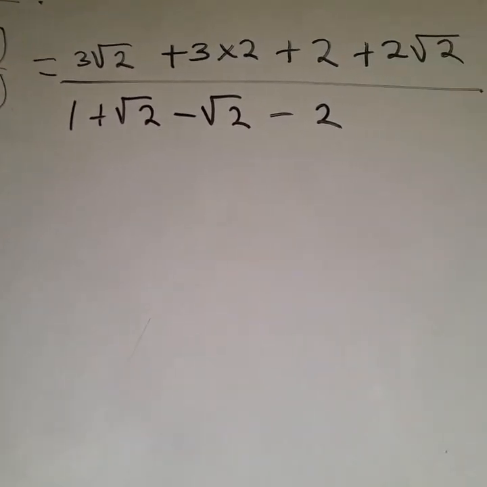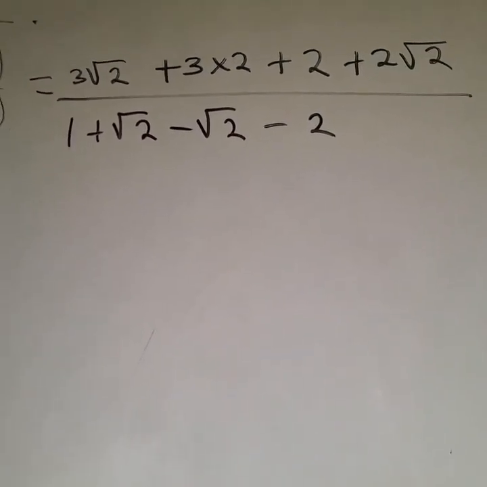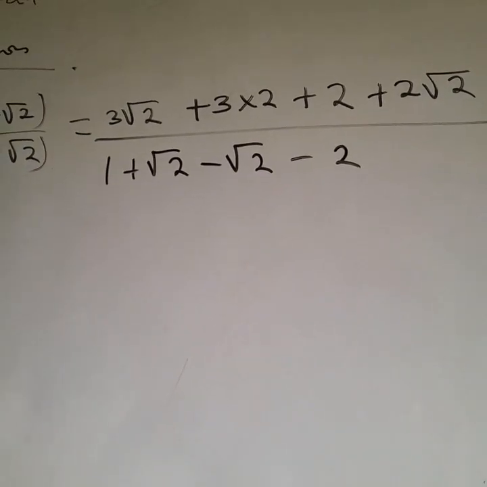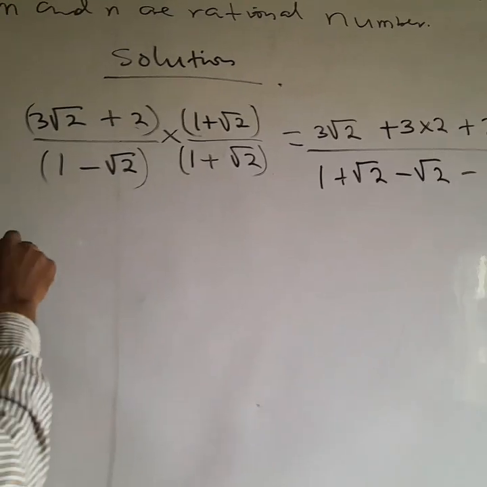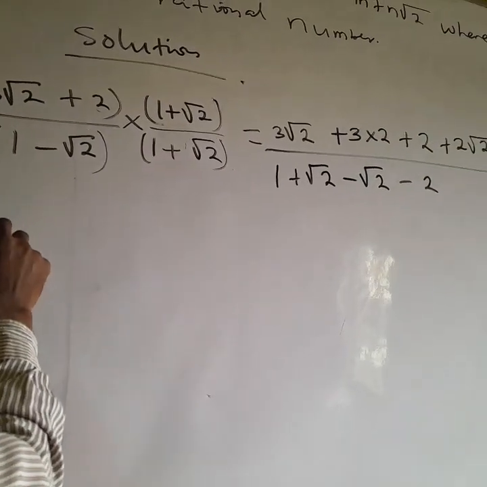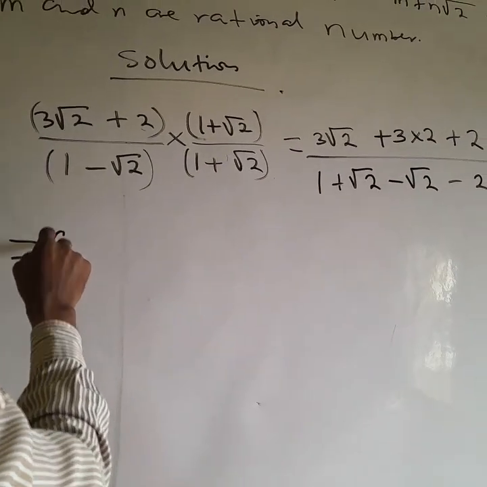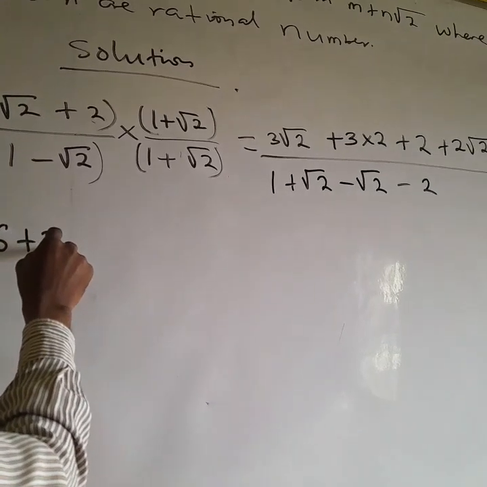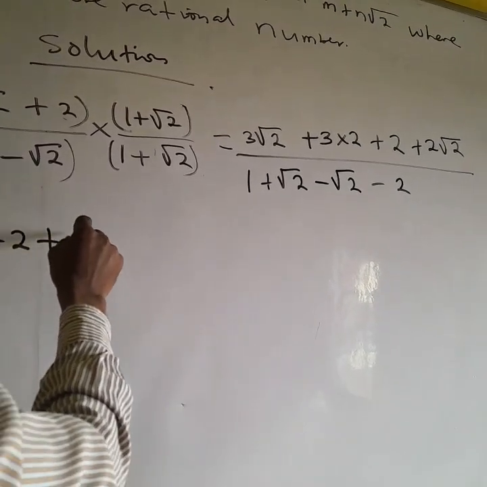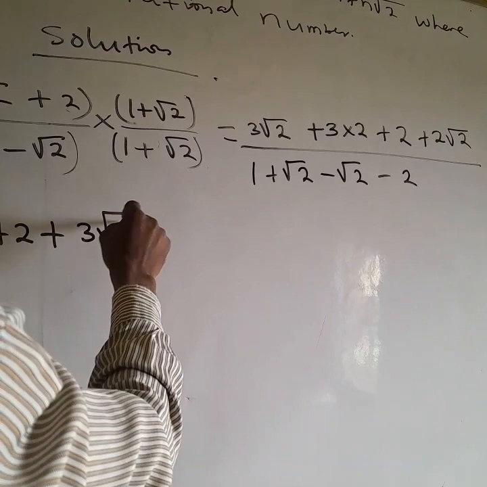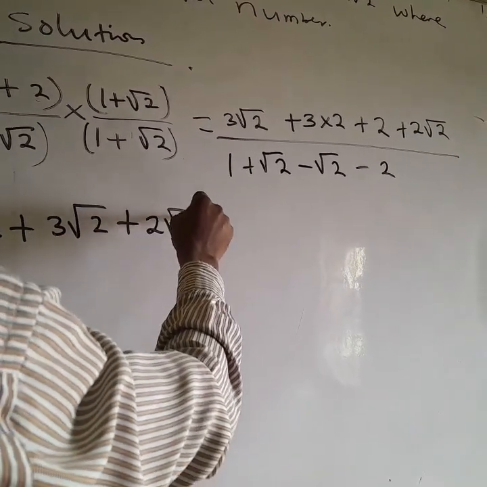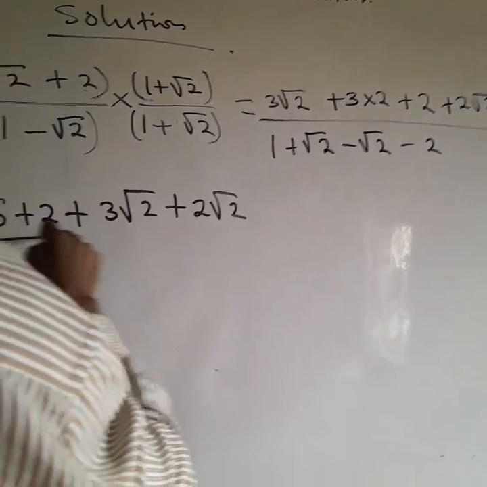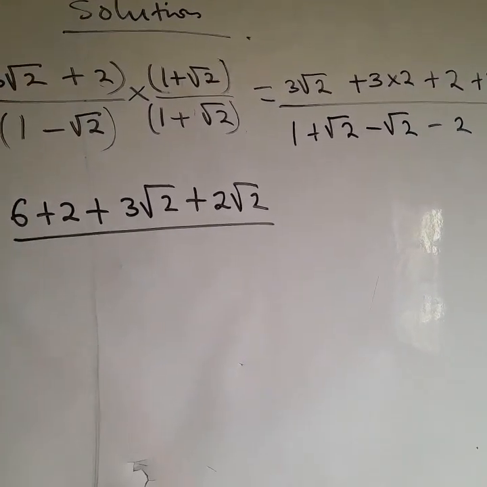So we can now collect like terms. From the numerator, you see that we have 3 times 2, which is 6, plus 2, plus 3 root 2, plus 2 root 2. Now we'll come to the denominator.